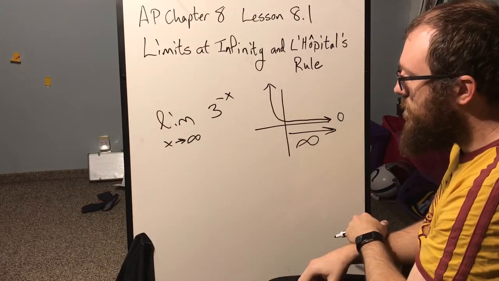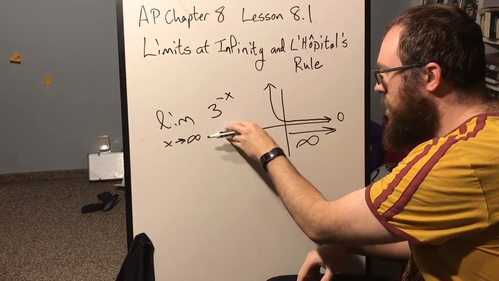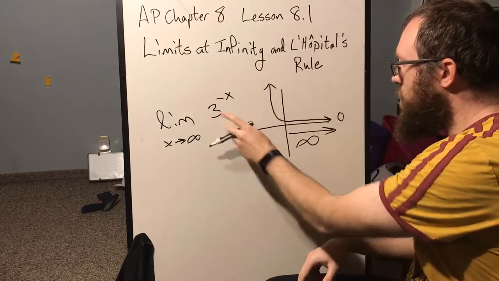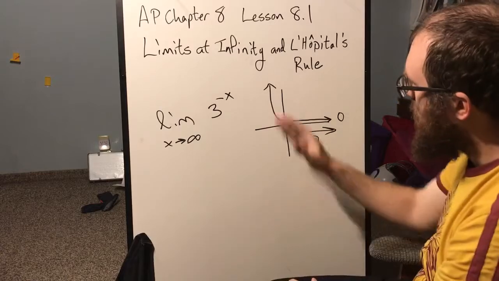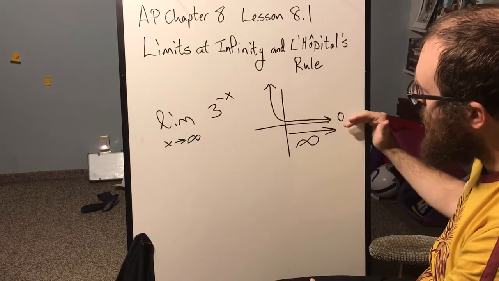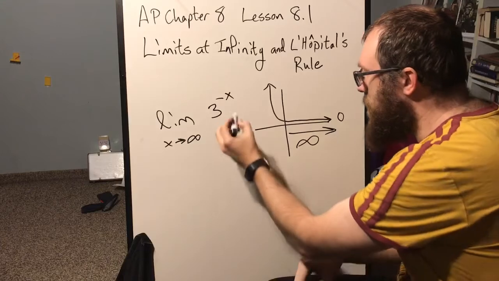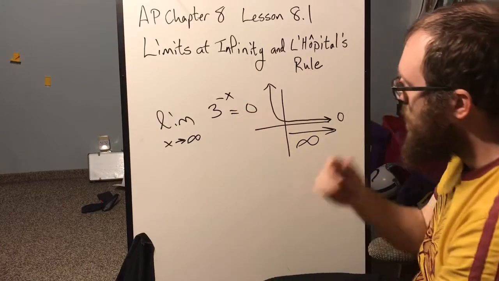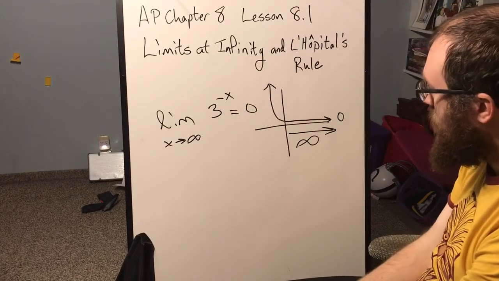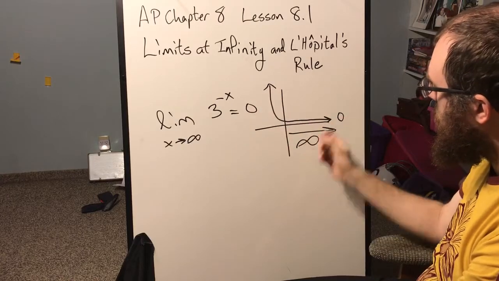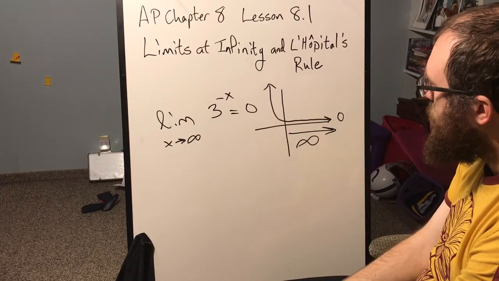So instead of carrying to infinity or to negative infinity, it actually levels itself off and ends up at 0. The limit of that function is 0 because it's slowly shrinking downward.